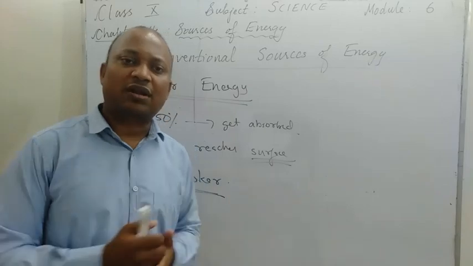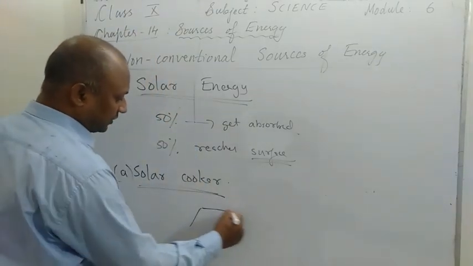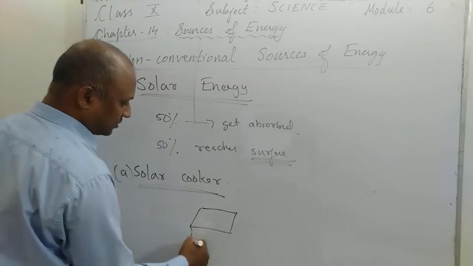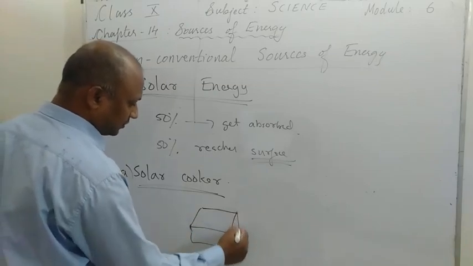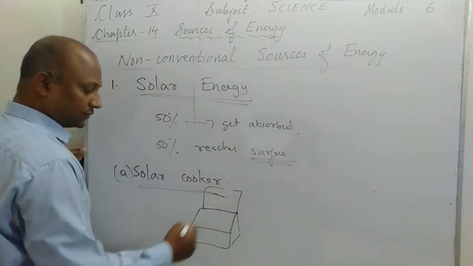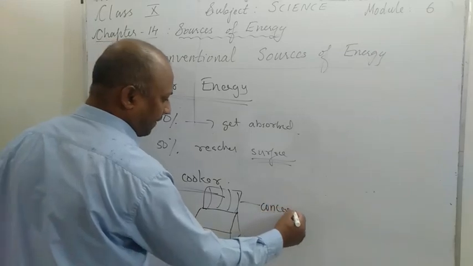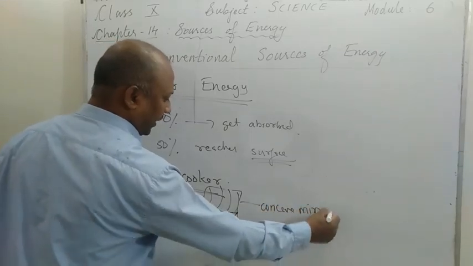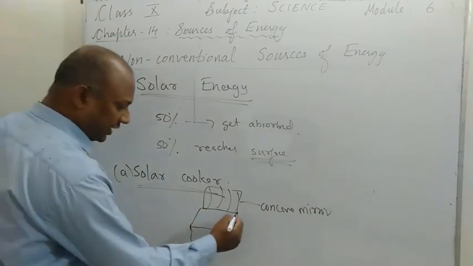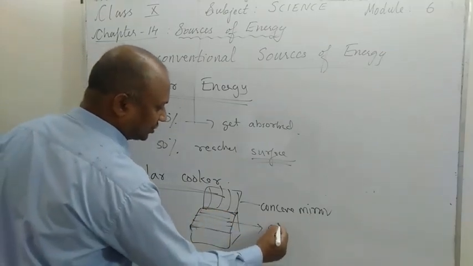So we know the solar cooker, there's a diagram given in your textbook, like a box with a lid, and which has a concave mirror. And then it has a sheet over here, a plain glass sheet.